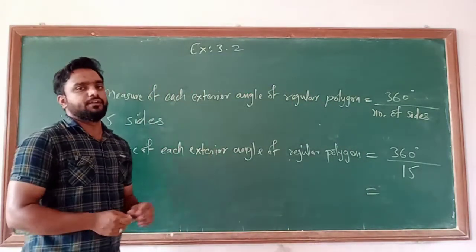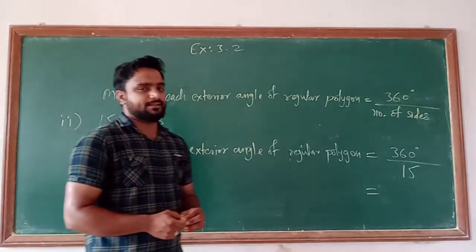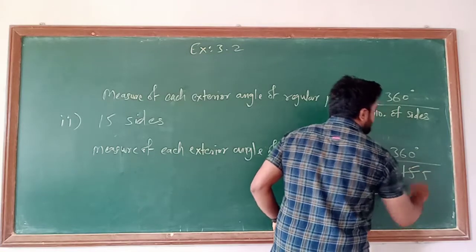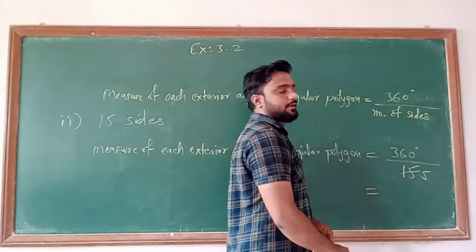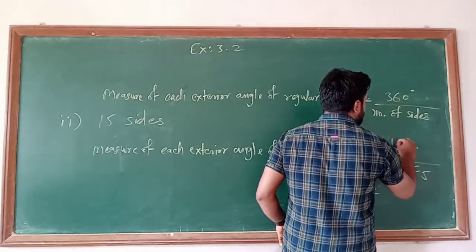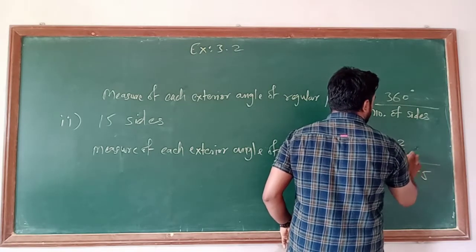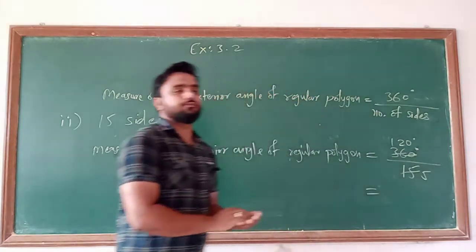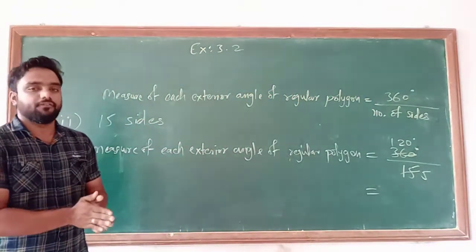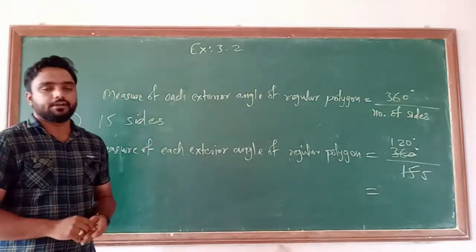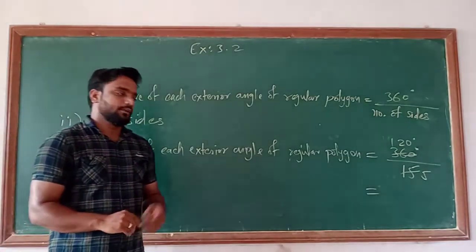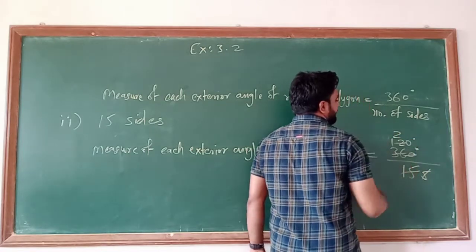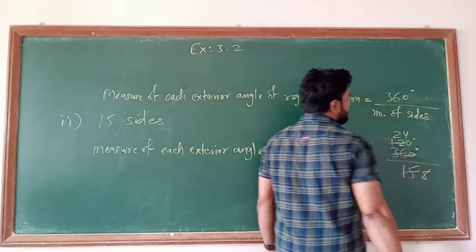now do the division, or you can do it by the cancellation method also, just like this. Understand? So 120 divided by 5. Now 120 divided by 5: 5 2s are 10, and 5 4s are 20.